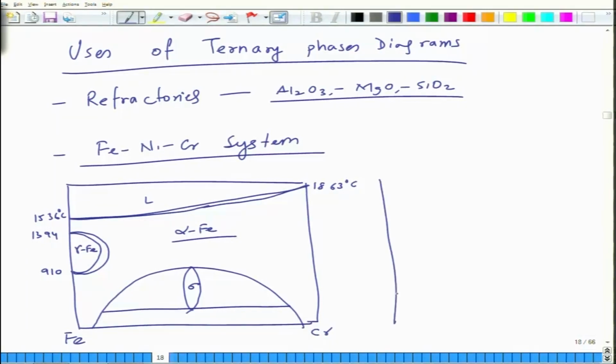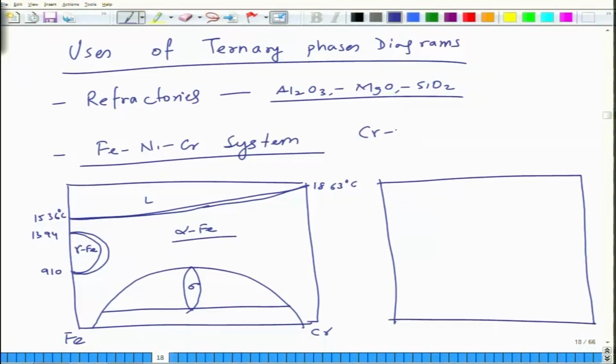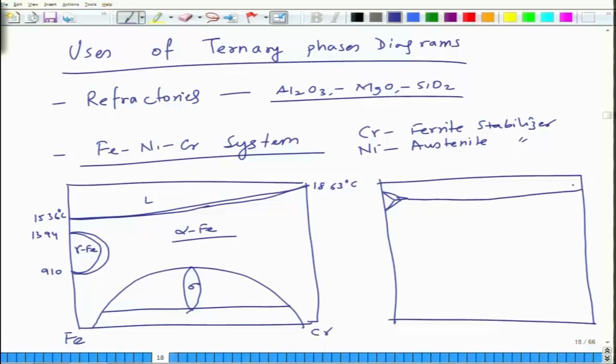When you draw the iron nickel phase diagram, in this case chromium is a ferrite stabilizer and nickel is an austenite stabilizer. Here you have a peritectic reaction, and you have something like that.